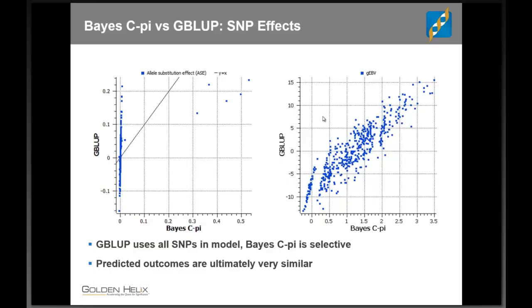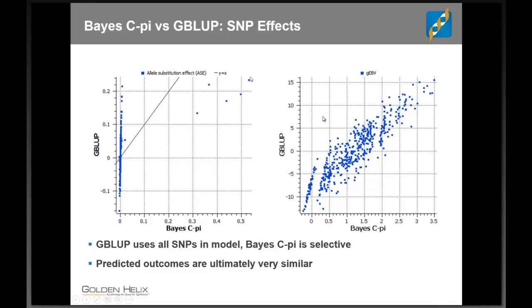Now, when you compare the 2 SVS methods, Bayes C-pi versus GBLUP, as we saw with the substitution effect plots earlier, GBLUP assigns some non-zero effect to almost all of the SNPs. We see this range up and down here, even though Bayes C-pi is putting most of them near zero.